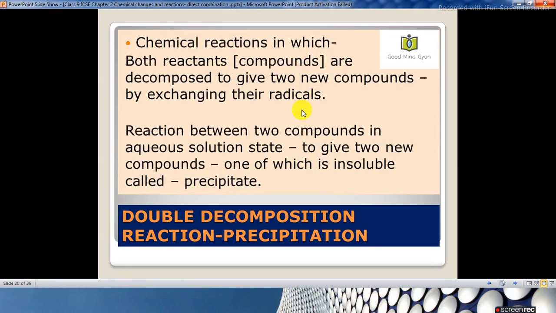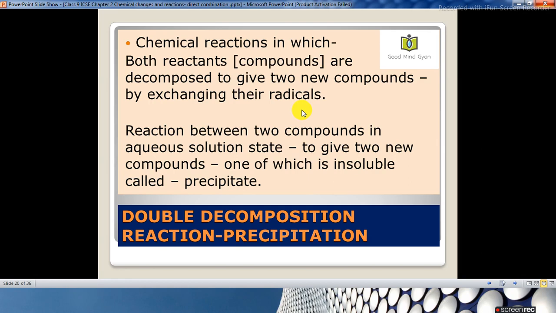Next we come to double decomposition reaction. Double decomposition reaction is a reaction in which a precipitate occurs. Okay, there is a precipitation. So both the reactants are decomposed to give new compounds by exchanging their radicals.